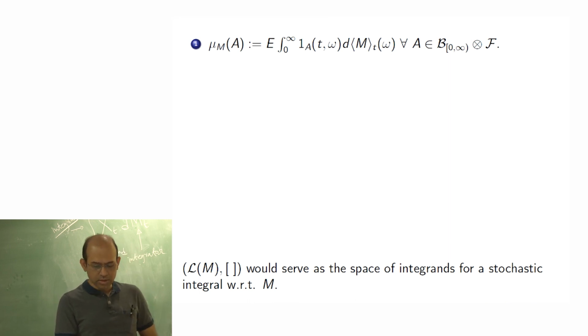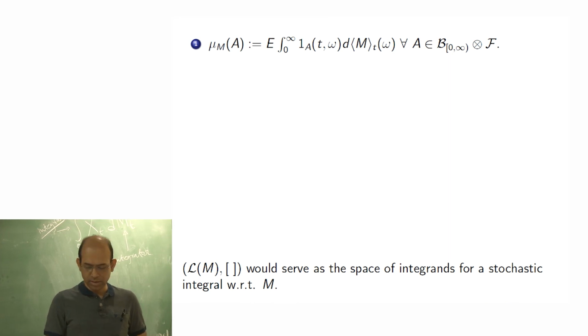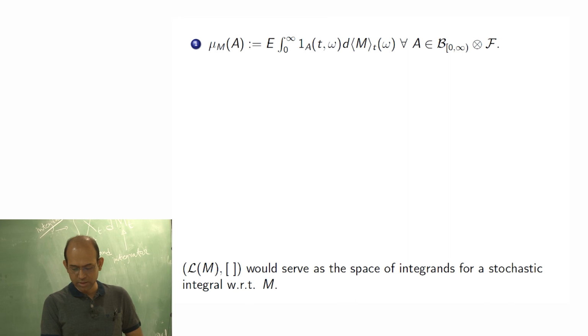So, this function is measurable and bounded, though the quadratic variation need not be bounded. However, it is increasing and non-negative, so it can be infinity sometimes. That does not matter; we can still give the usual meaning of this integration from 0 to infinity, where time is moving.